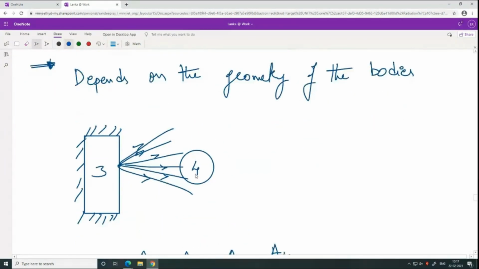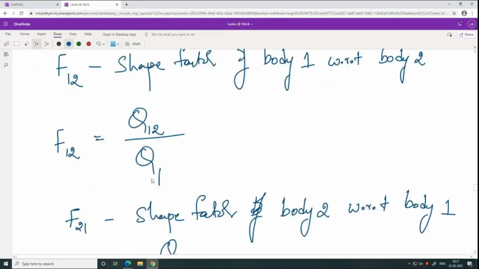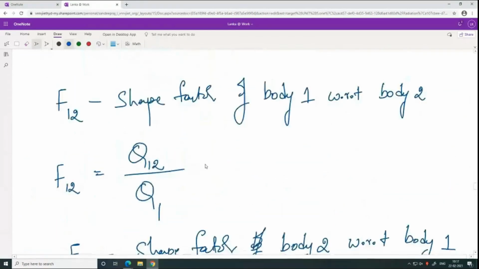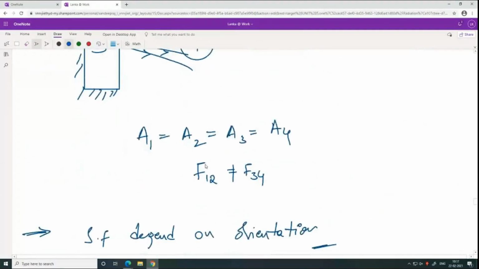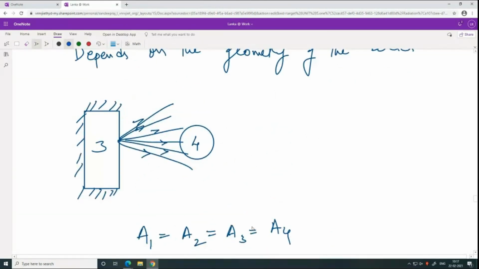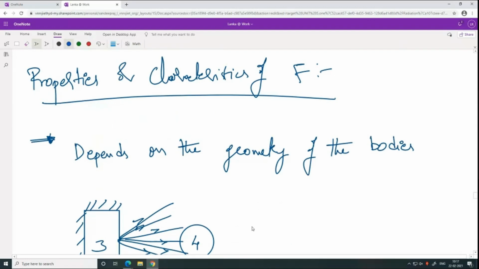The shape factor depends on the geometry of the body. That is, if I take the same kind of bodies 1 and 2 with the same area, that is A1 is equal to A2 is equal to A3 is equal to A4, in that case F12 will not be equal to F34, meaning it depends on the geometry of the body.